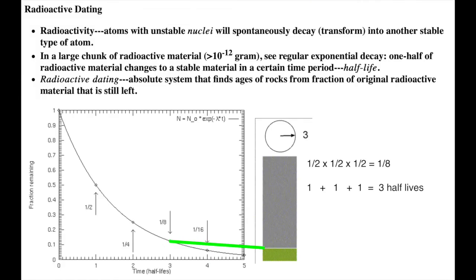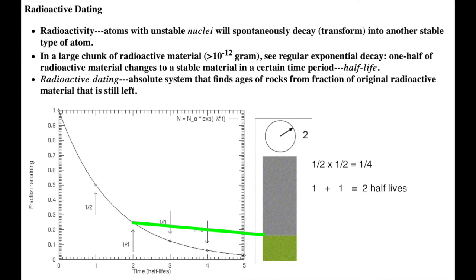For example, let's say I tell you that right now this chunk of rock has just 1/8 of the original radioactive material that it formed with. Well, 1/8 is 3 half-lives, because if you took 1/2 times 1/2 times 1/2, 1/2 multiplied by itself 3 times, you would get to the observed fraction, which is 1/8.